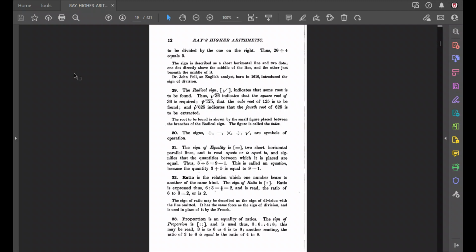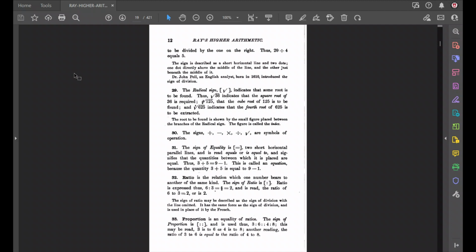Proportion is an equality of ratios. These 4 dots, this sign here is called the sign of proportion. It expresses an equality of ratios. So this is like the equal sign, but this is like an equal sign between 2 ratios. All right? The sign of proportion.